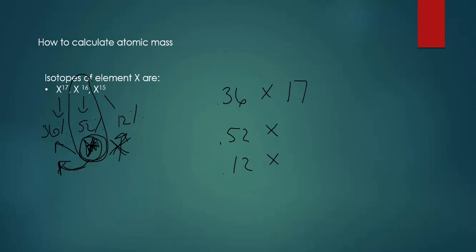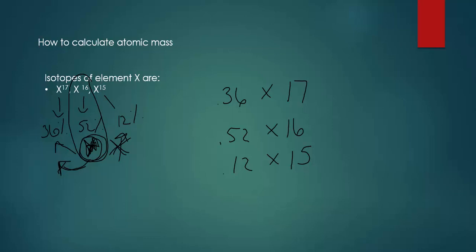So there's 36% that was mass 17, 52% was mass 16, and 12% was mass 15. This is how they do your weighted averages, by the way. For instance, tests, quizzes, homeworks, labs, like if they say 50% is tests and 30% is this and 30% is that, that's what you would do here.